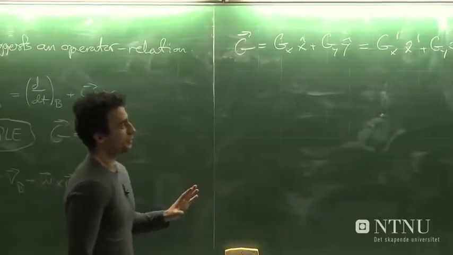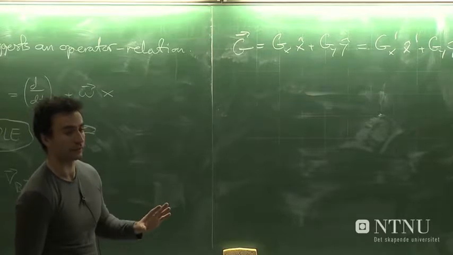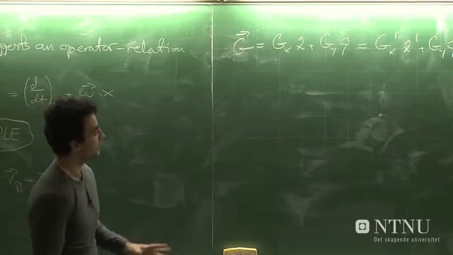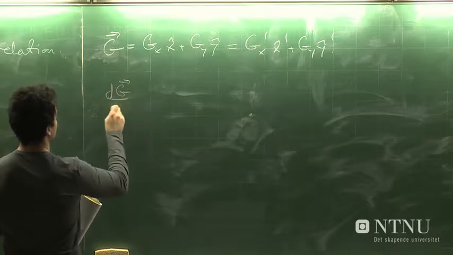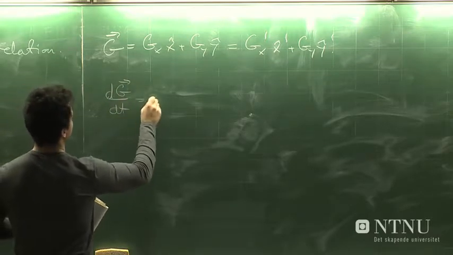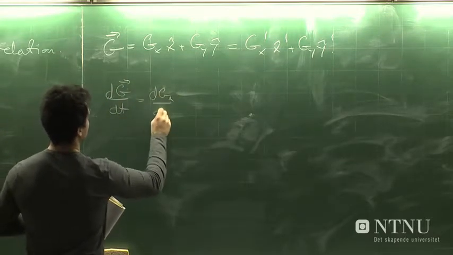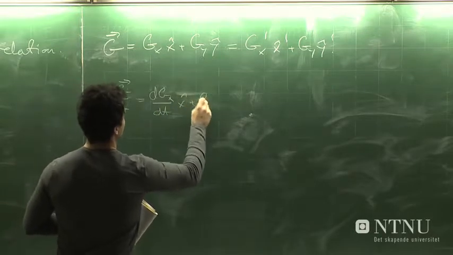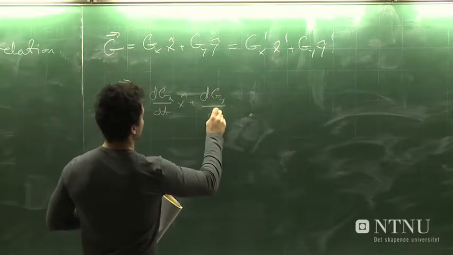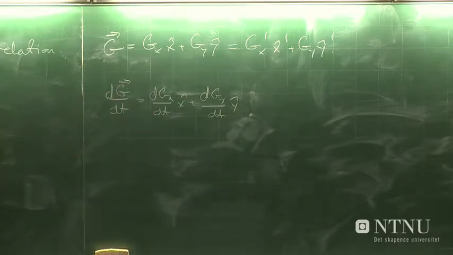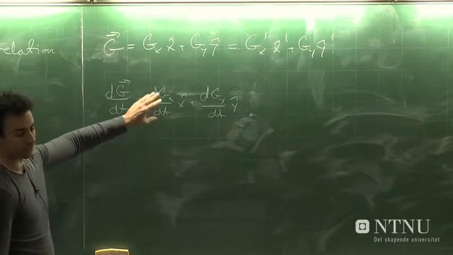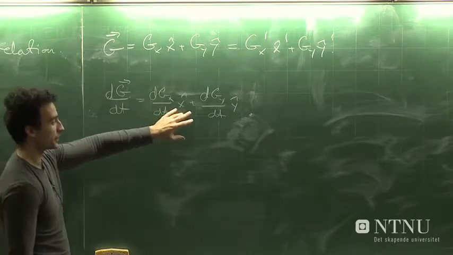But here comes the essential point, and that is how to deal with the time derivative of this vector. Well, if we were an observer in the fixed coordinate system, we would just write this: the rate of change of the components multiplied with the unit vectors.